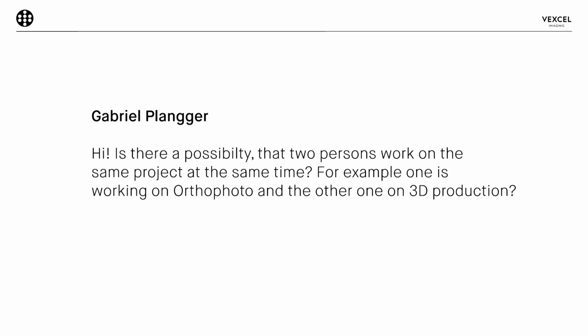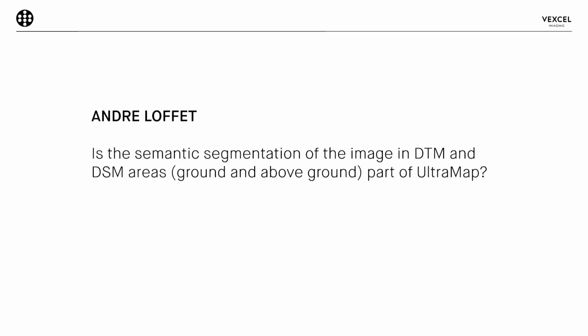Correct. Is the semantic segmentation of the image in DTM and DSM areas, ground and above ground, part of UltraMap? Yes, so the semantic image segmentation is done fully automatically within UltraMap.